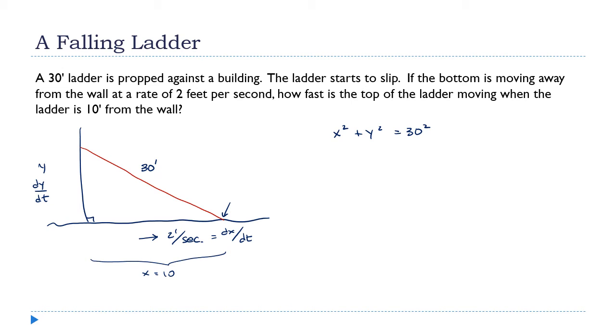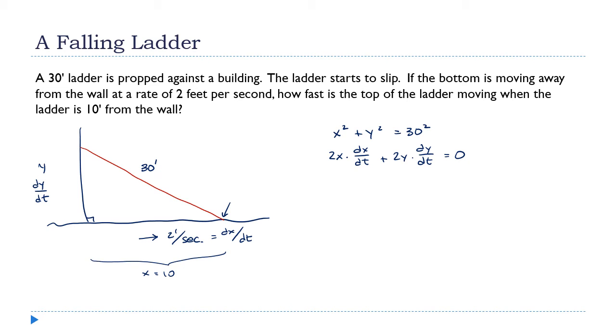Oh, excellent. Now I can differentiate. And remember, we're talking about dx/dt, dy/dt. We're doing this with respect to time. So the first part: 2x times dx/dt plus 2y times dy/dt equals 0.